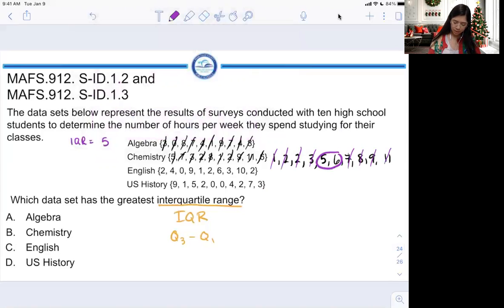What's between 5 and 6? Wait. 5.5. When I look for Q1, do I include that 5 or not? Include it. Good. I get 2 right in the middle. I get 8 right in the middle. What's my IQR? 6.